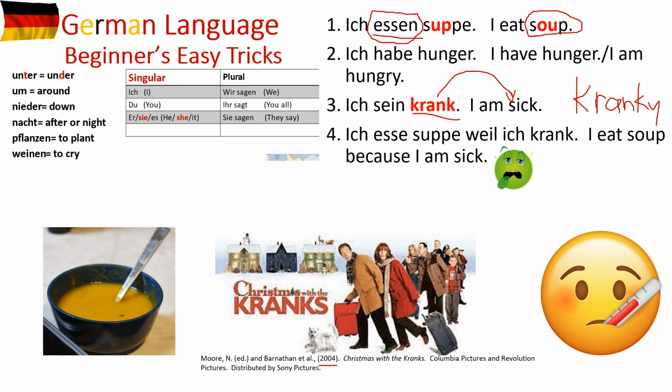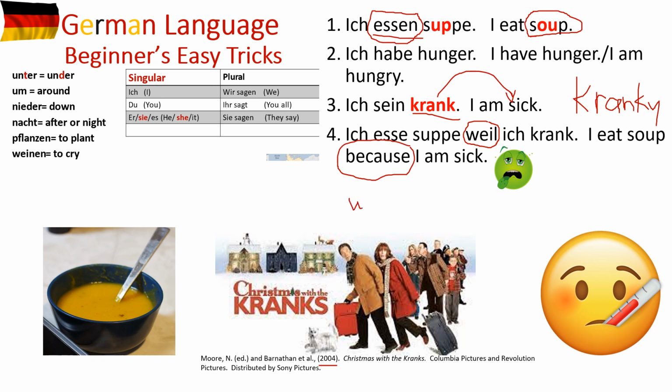Okay, so this here, ich esse Suppe, weil, some people say, while there's a bad association with this word that starts with NH, but I don't even want to get into that because there was nastiness behind that. Ich bin krank. And this is I ate soup, and this weil is because I am sick.